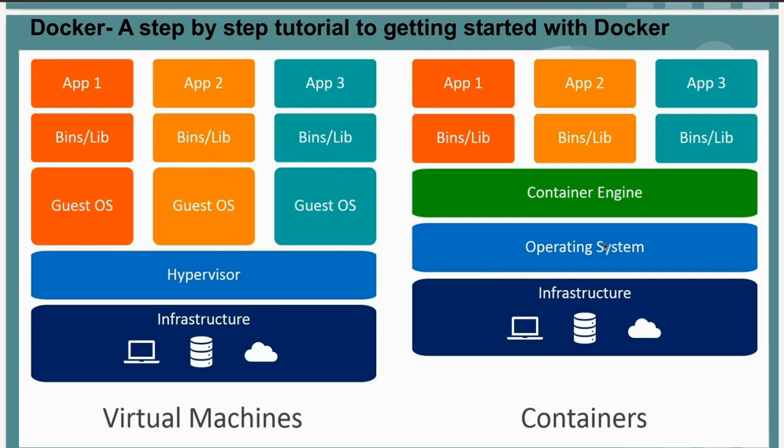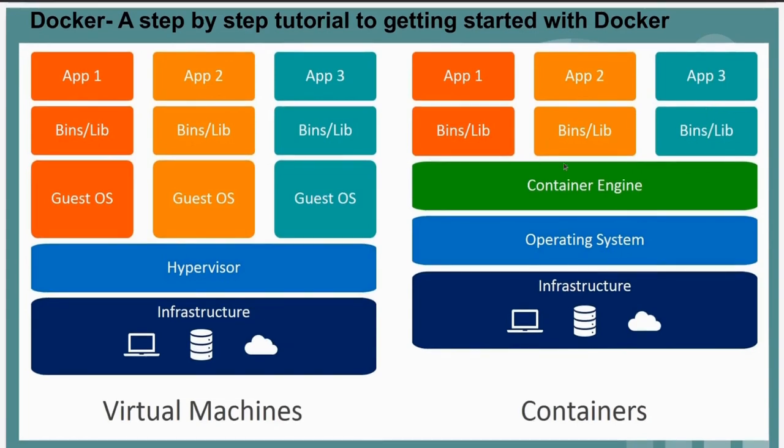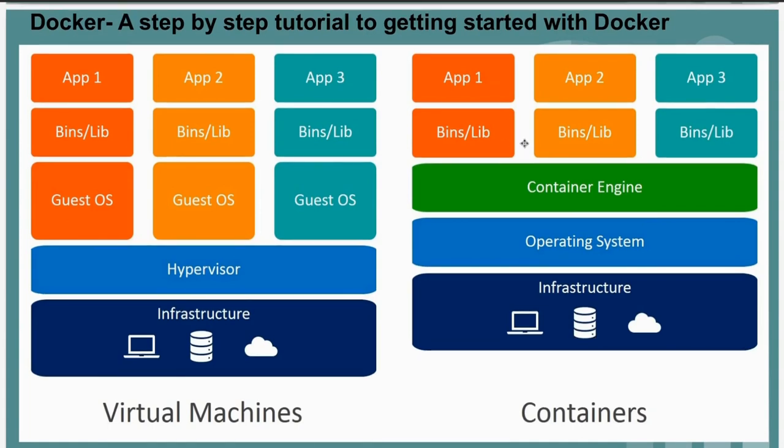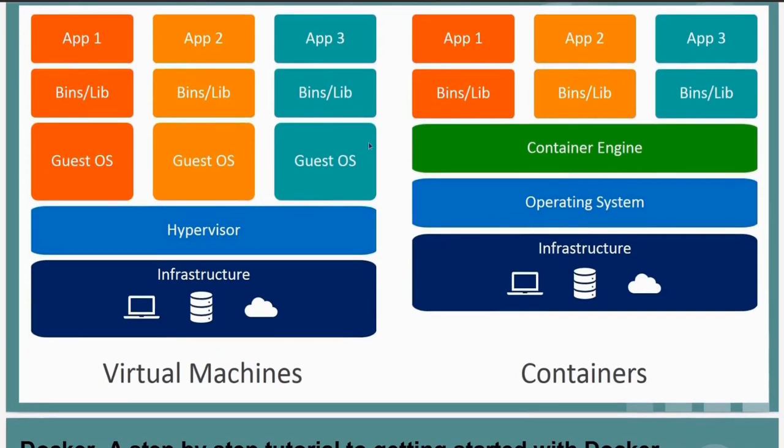So here we can see we have only one operating system in the case of containers, but in the case of virtual machines we have one OS for each application. That's why it's easy to use containers and Docker. Inside Docker we can create our image, and using that image we can create pods and containers. I hope you understand why we use Docker.